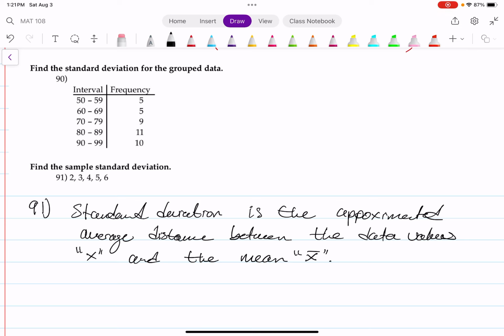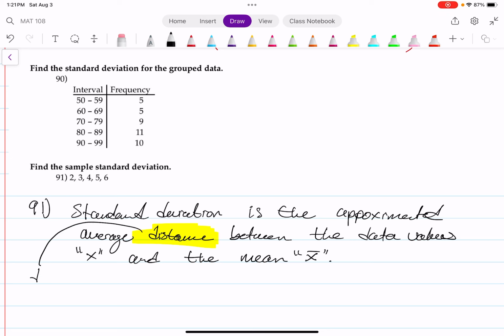So to find the standard deviation, we need to find the average of the distance between the data values and the mean. But the word distance is important. Distance is positive.